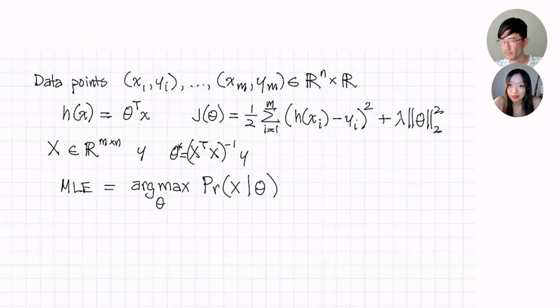Like I said, one of them is that the distribution that generates these points is a line, theta transpose x for some theta, plus or minus some epsilon, which is Gaussian noise with mean 0 and some variance sigma. And then I need one more assumption, which is that the data is IID, identically distributed.